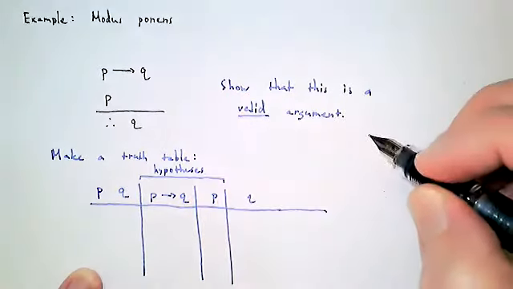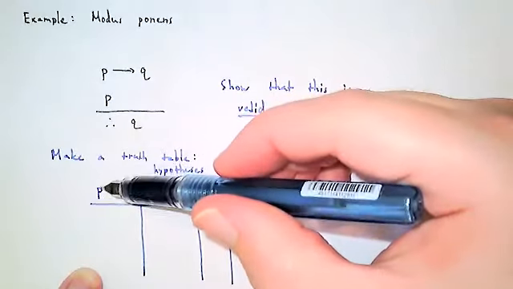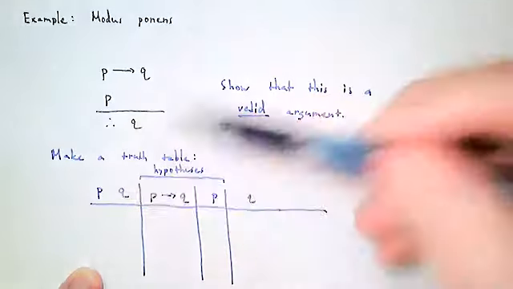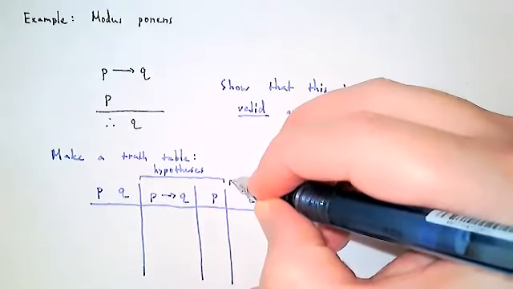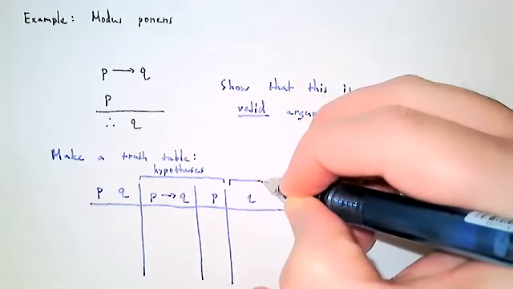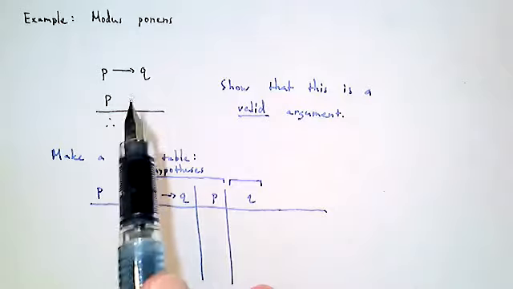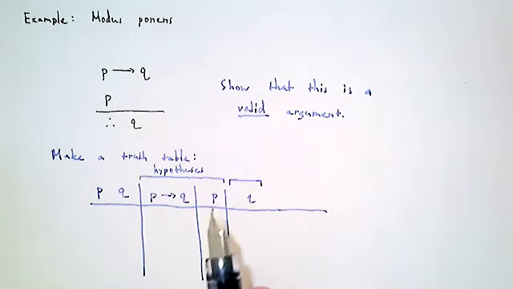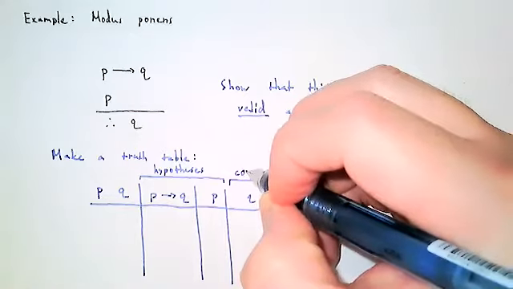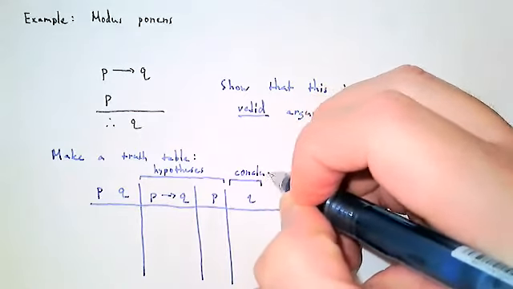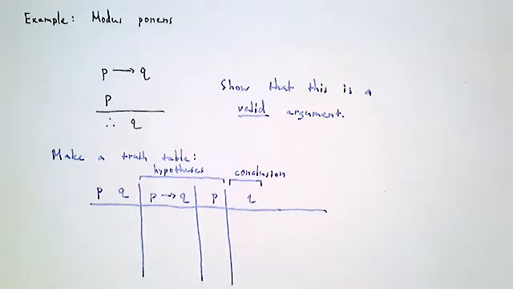In this particular case, one of our hypotheses just repeats one of these, and the conclusion does as well. But in more complicated arguments, you'll definitely need to include all of the columns because you'll have something a little bit more complicated than just a single simple proposition. So it's a good practice to go ahead and include these, even if maybe we don't have to.